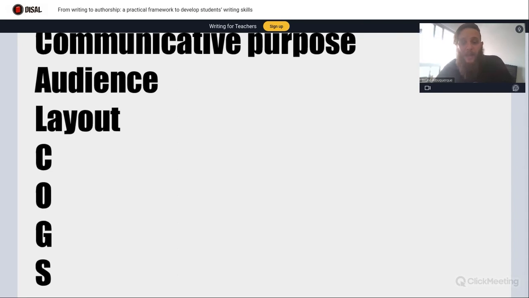Then we have layout, and this is the easiest one in my opinion, because layout is very visual, right? So layout is what the text looks like on the page, or on the web, or where it lives, right? So the question here would be, what does it look like on the paper?